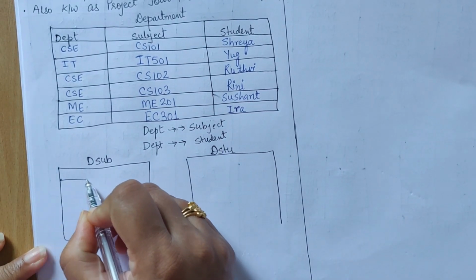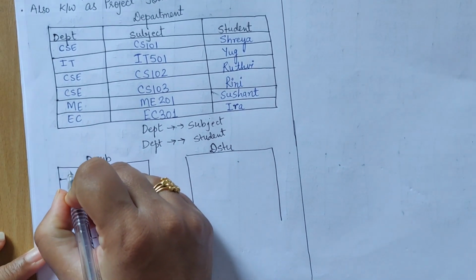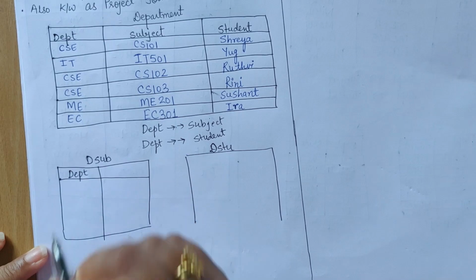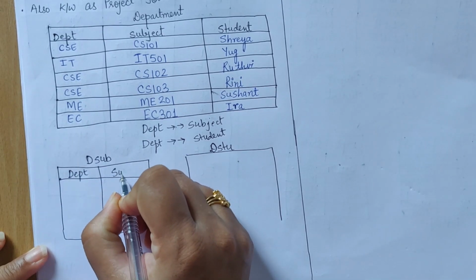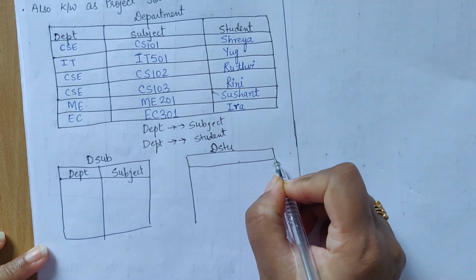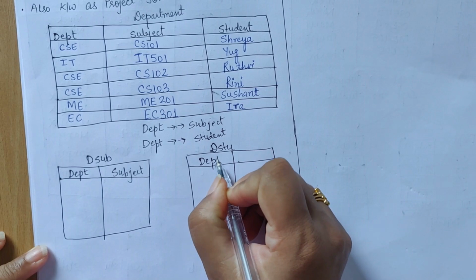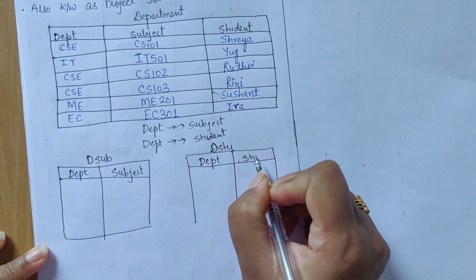Here two attributes will come, that is department and another one will be subject, and here also two attributes will come, department and student.